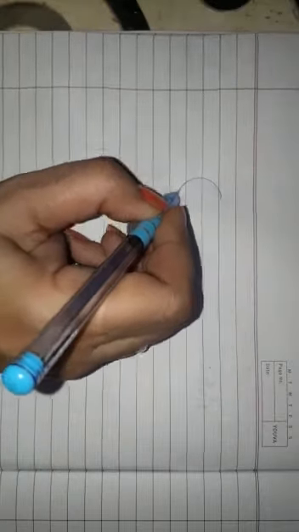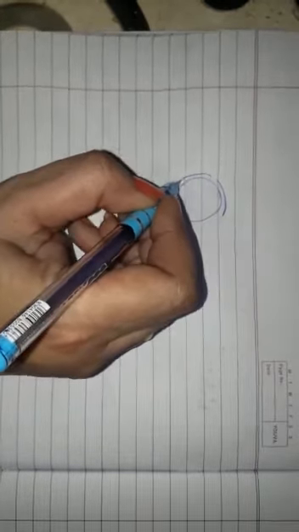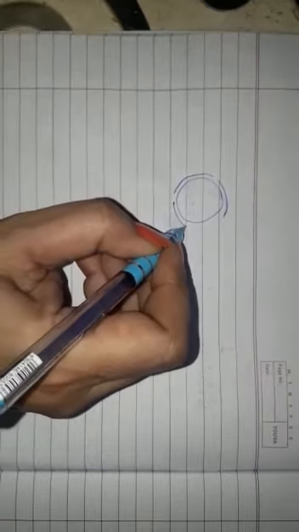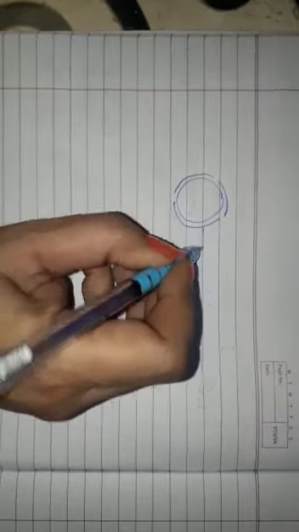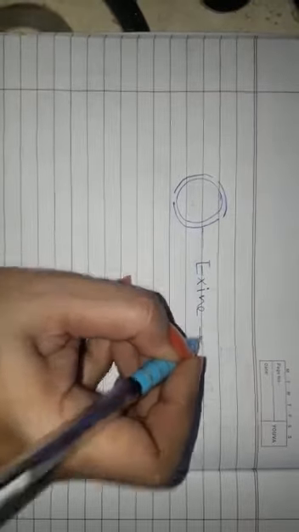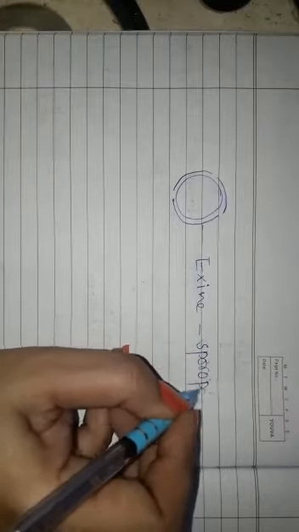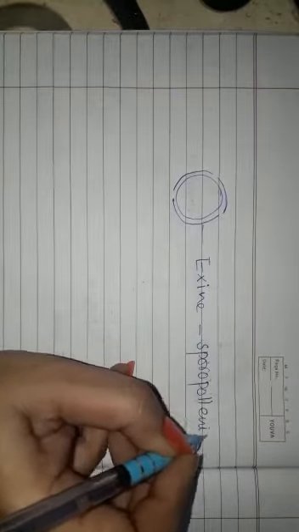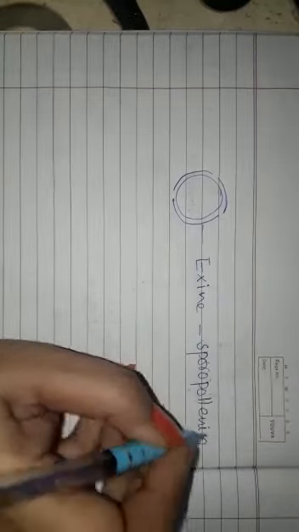Each pollen grain is surrounded by 2 layers. One is the outer hard layer, which is called exine, and this exine is made up of sporopollenin. Sporopollenin is the most resistant organic material.